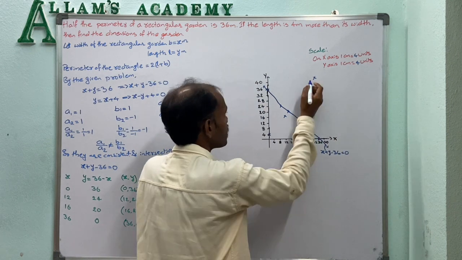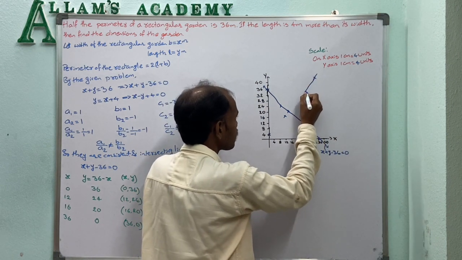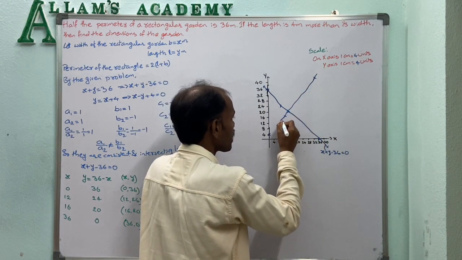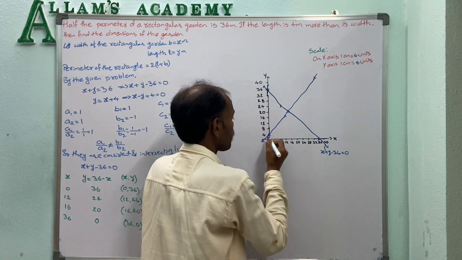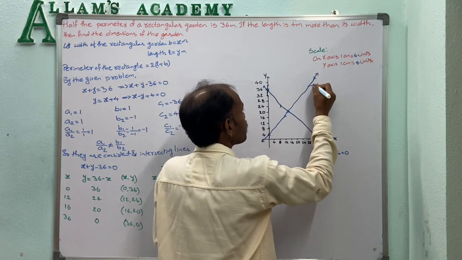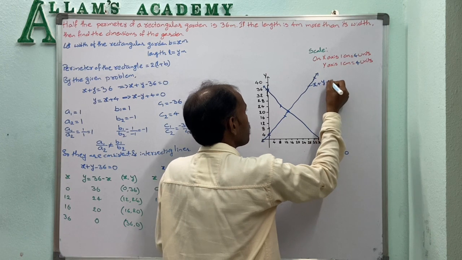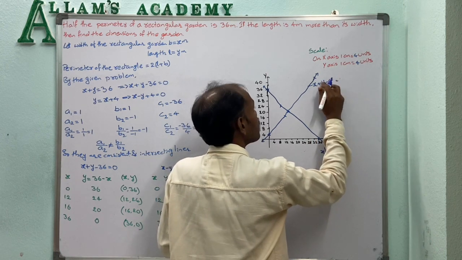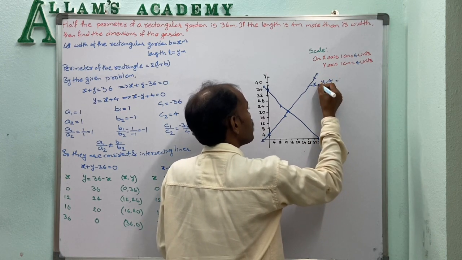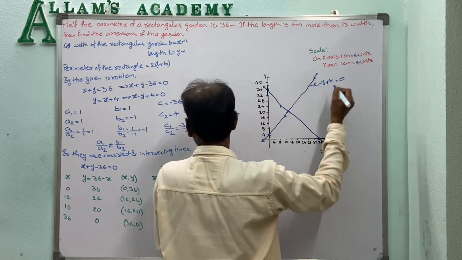Now if we join the points, here also we get a straight line, x minus y plus 4 equal to 0.